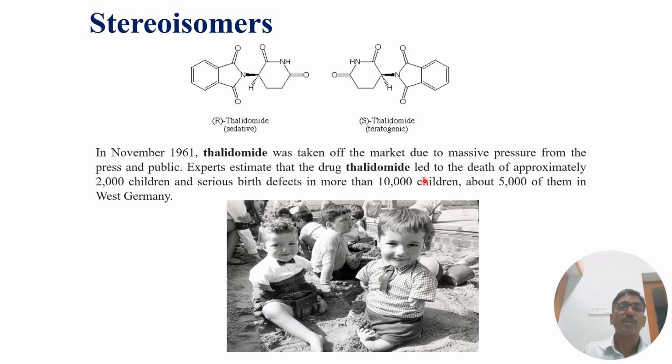That was subjected to very thorough study, and thereafter stereochemistry developed rapidly in terms of separation, in terms of biological activity, in terms of development of various stereoselective syntheses in chemistry, and also checking the biological activity.